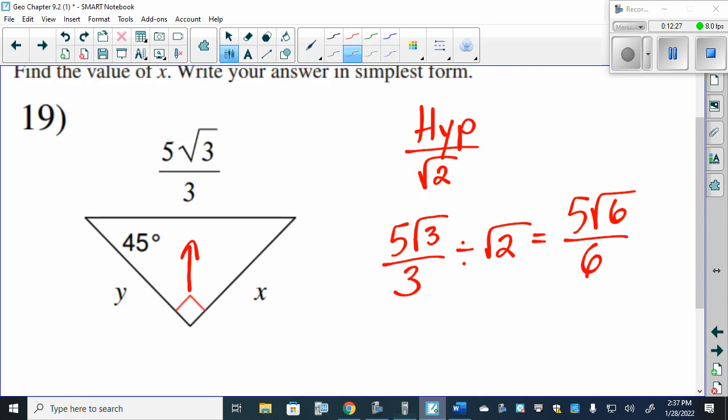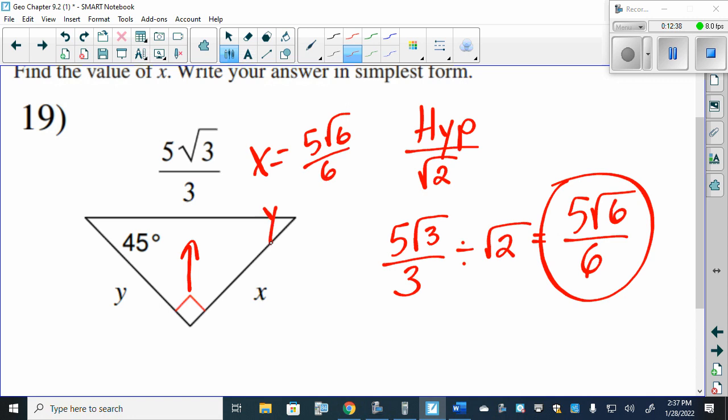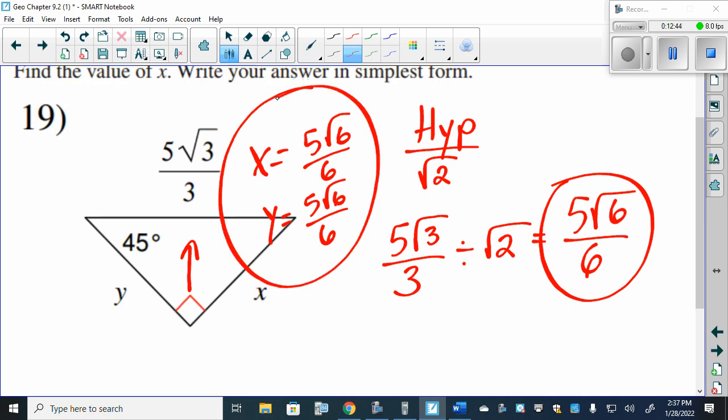Okay. Yeah, so this here would be the values for what? Y and X. So that's all we need to do to find the values of X and Y for this here, the two missing sides. Questions on any of this here?